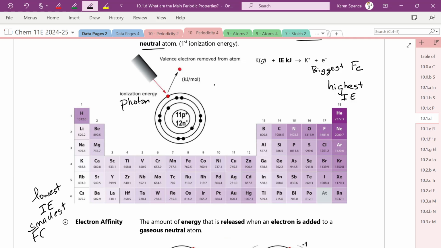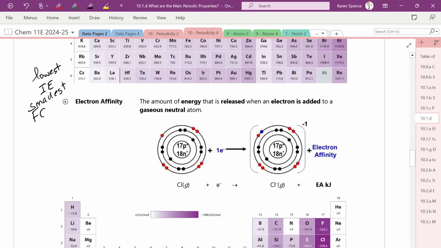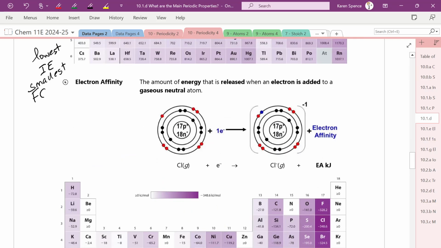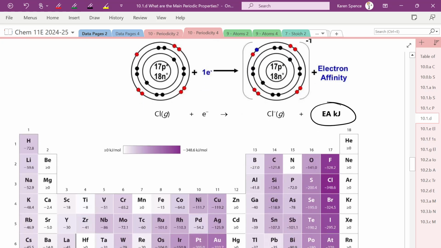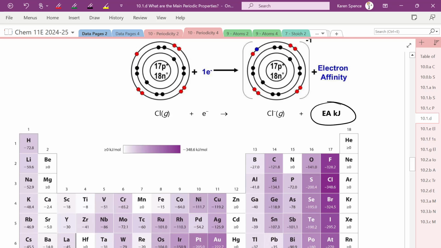And guess what? Electron affinity? Basically kind of the same thing again. Okay, because what are we doing here? We're grabbing an electron and we're saying how much energy is released. Now, I don't like electron affinity because some books give it a positive value and some books give it a negative value, and that irritates me because I don't like inconsistency.